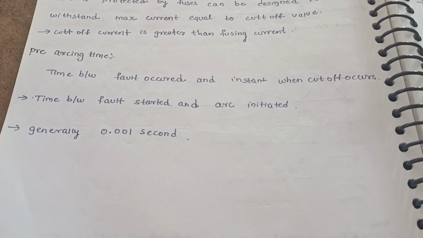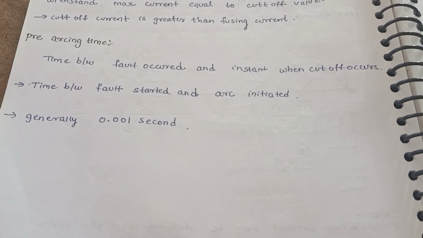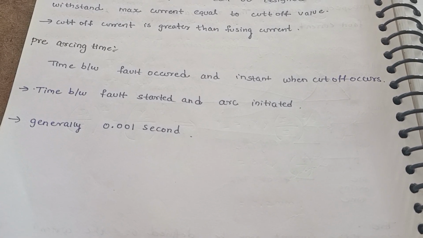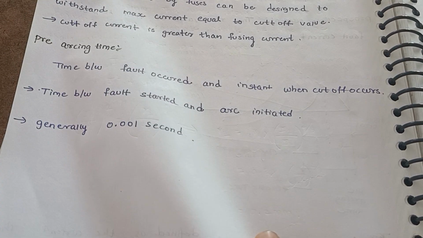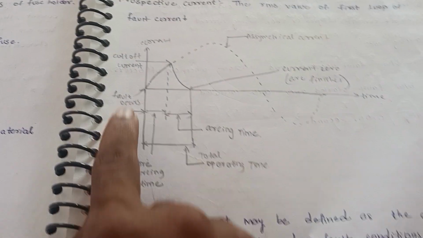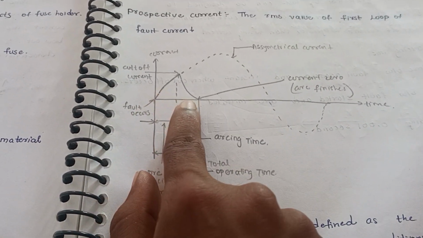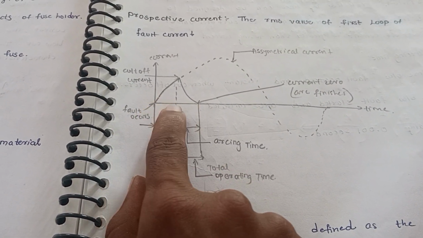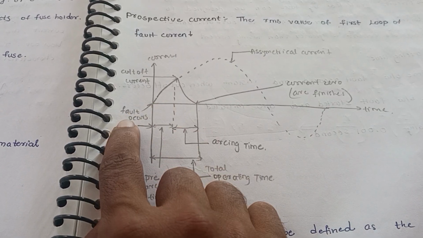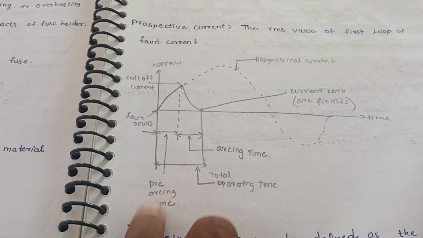Pre-arcing time is the time between the fault occurring and the instant where the cutoff occurs. Here the fault occurs, here the cutoff; the region between them is called the pre-arcing time.